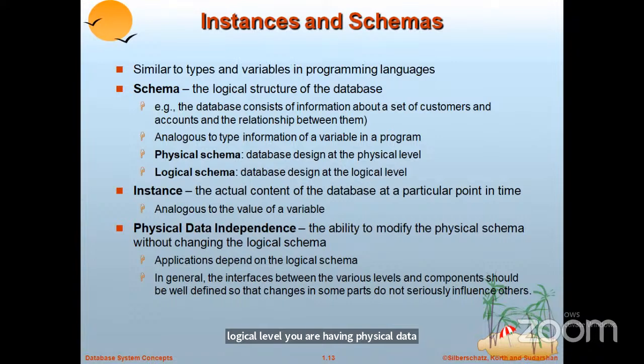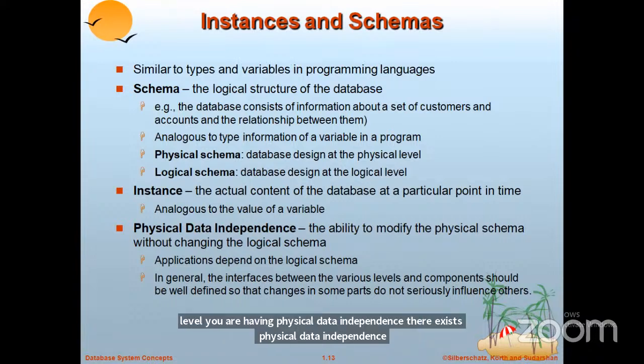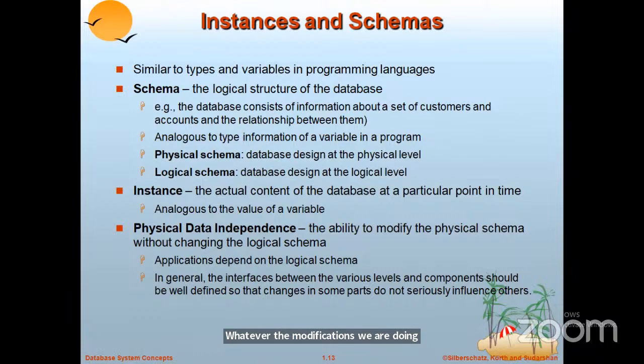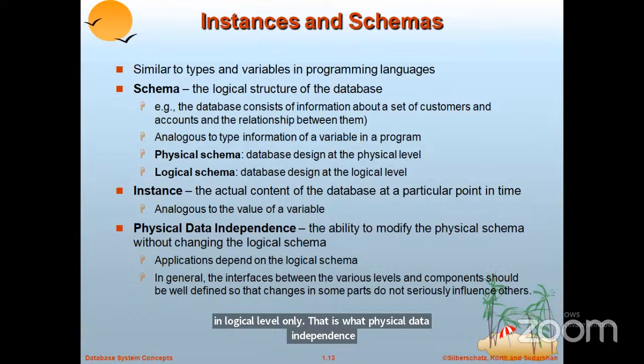Whatever modifications we do, we can do them in the logical level only, without the help of the physical level. That is physical data independence. Is it clear? Yes, ma'am. Okay. Next, data independence. Next, three types of schema architecture.